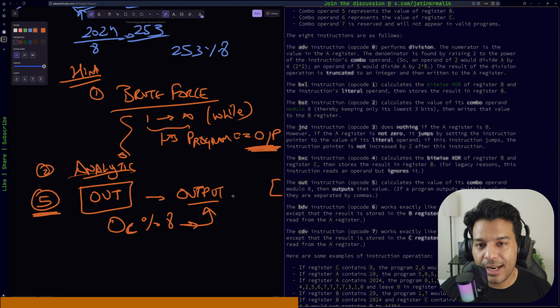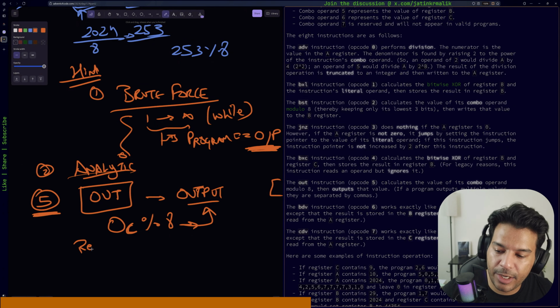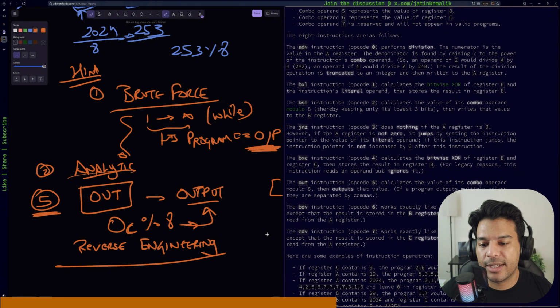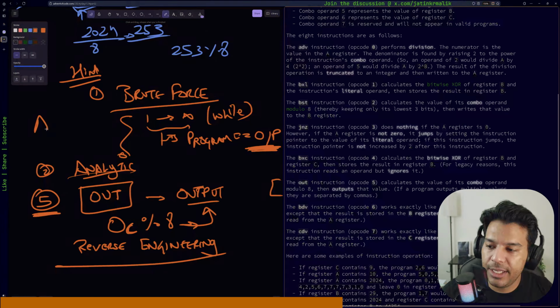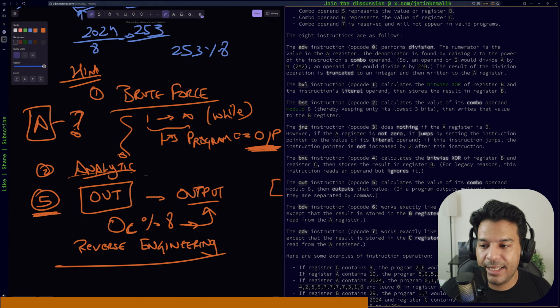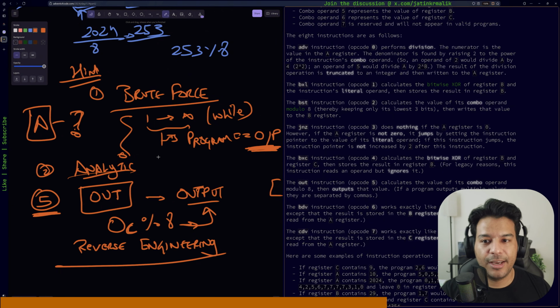Now an interesting approach here is to think about whether we can do some kind of reverse engineering: start with the output first and use some heuristics to understand what the value of register A should be so that we get the output to be equal to the program. The idea is to deduce the register values. We have to work backward from the out instructions and get the values there.